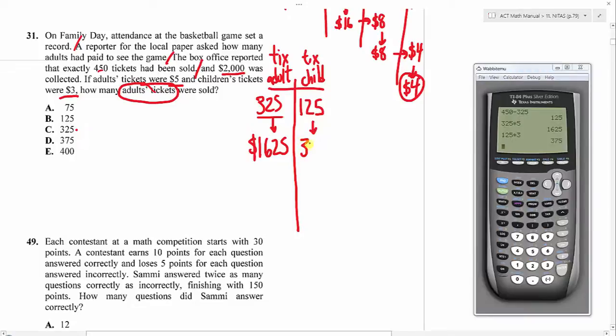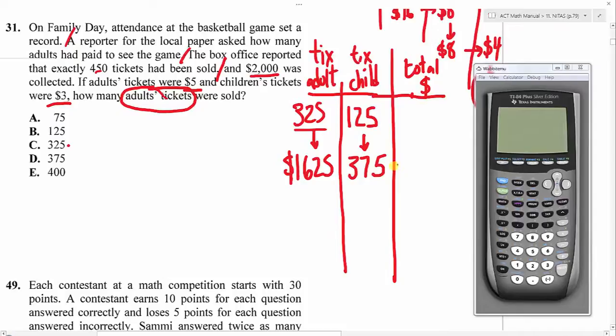So what I'll do is I'm going to add one more column over here on the right, and that column is going to be total dollars. And what I need to do is add the dollar amounts here to find out if this total matches up with this 2,000 here.